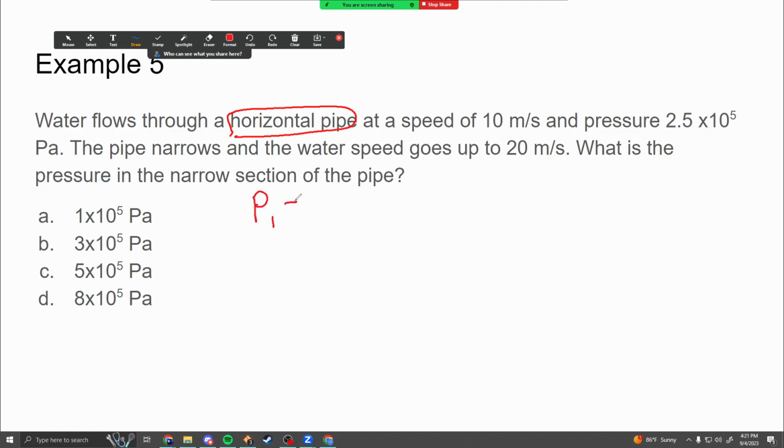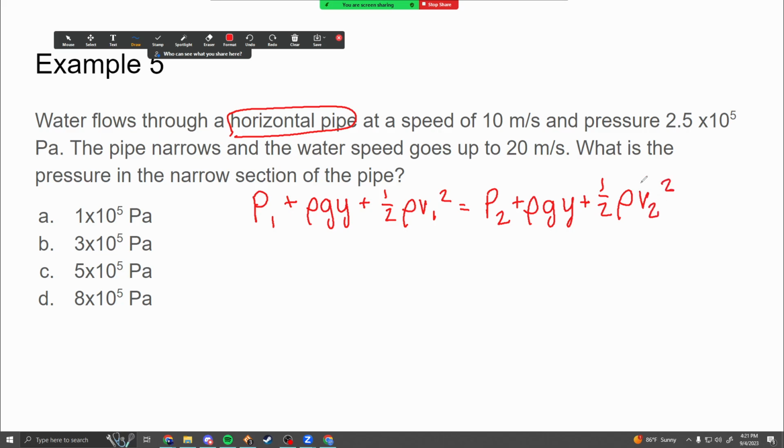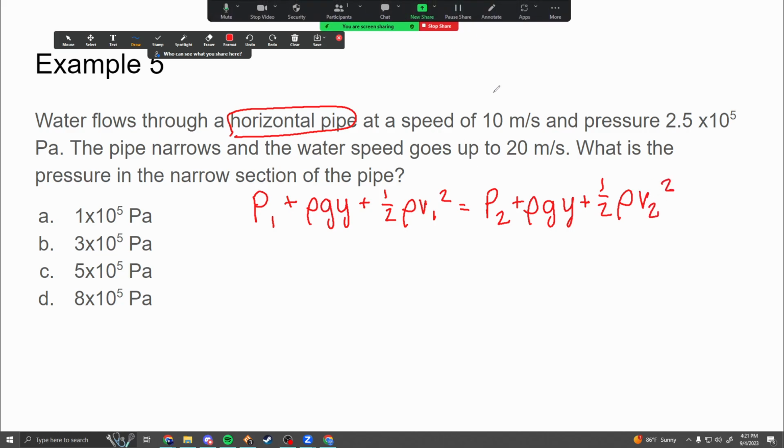So P1 plus rho gy plus 1/2 rho v1 squared is equal to P2 plus rho gy plus 1/2 rho v2 squared. Now what's important to note here, we're talking about a horizontal pipe, right?